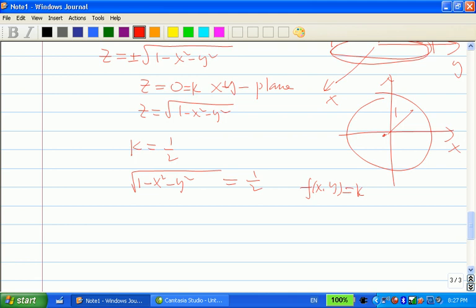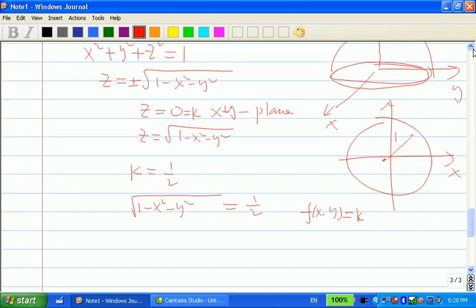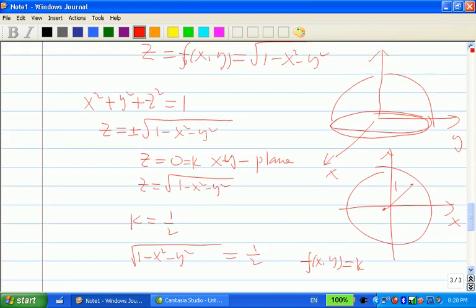So this one gives you another curve. What curve is that? Here is 1/2. You use z equal to 1/2, which is another plane, to cut your surface. You get another circle, with radius smaller than 1.